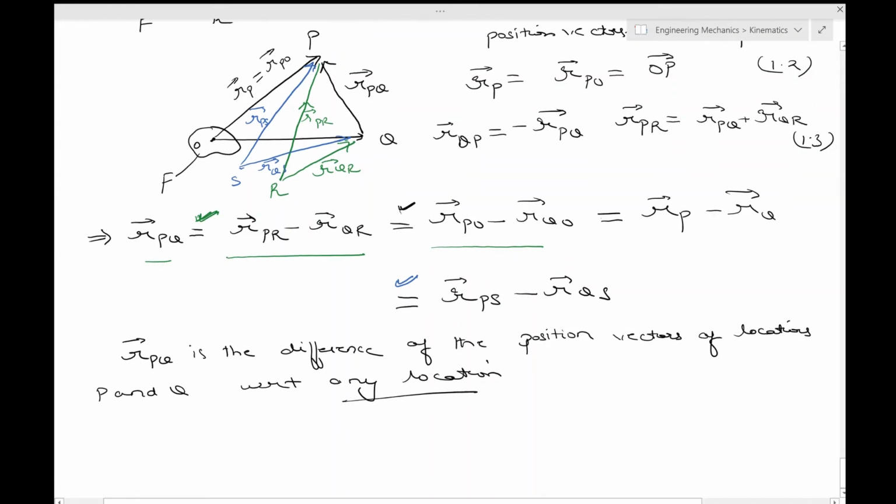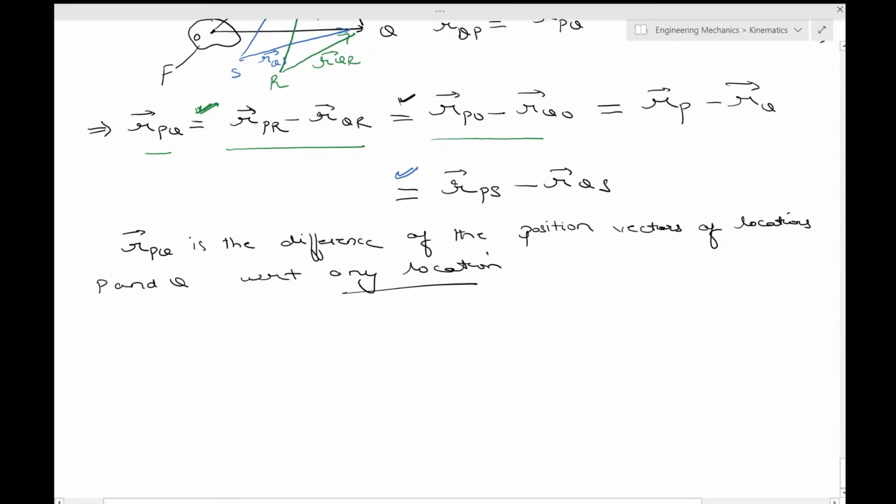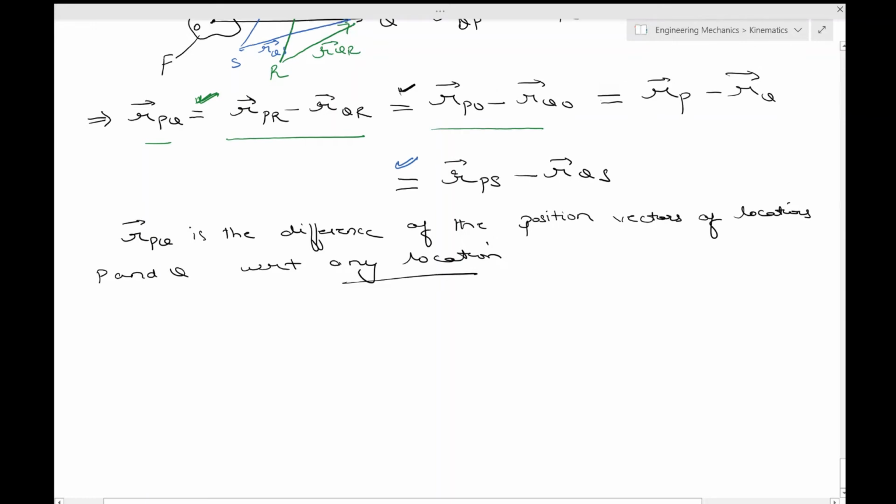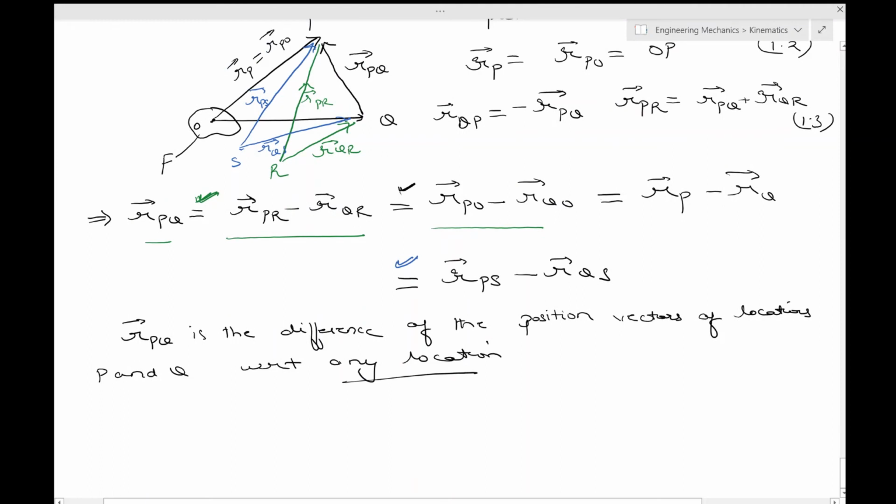Now once this is done, we can write the chain rule for relative position vectors. So first of all, this should be called equation 1.4.